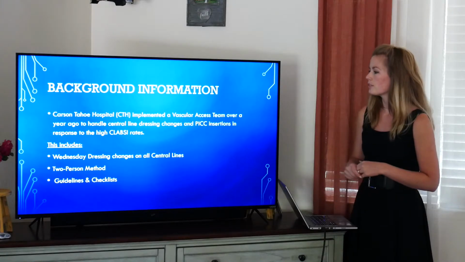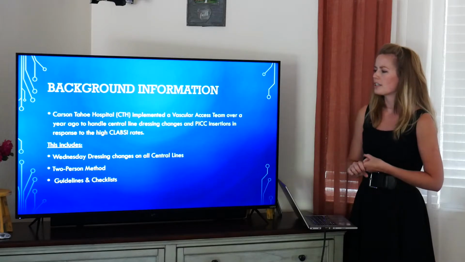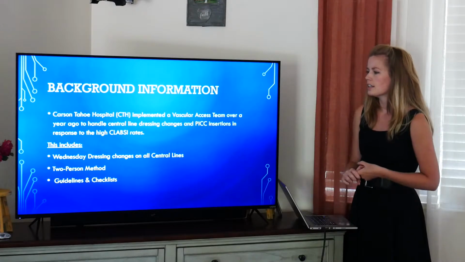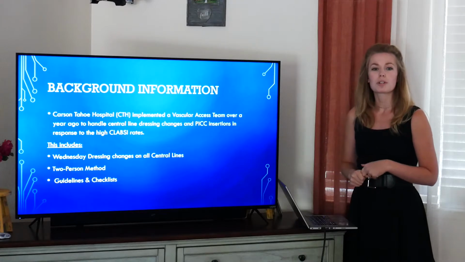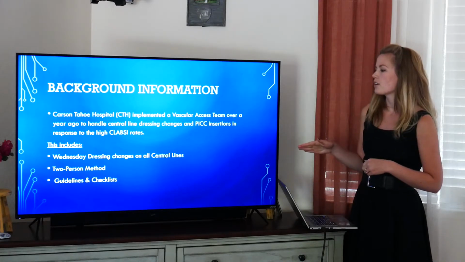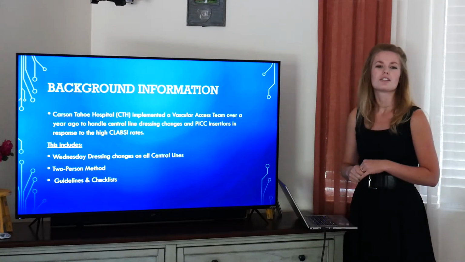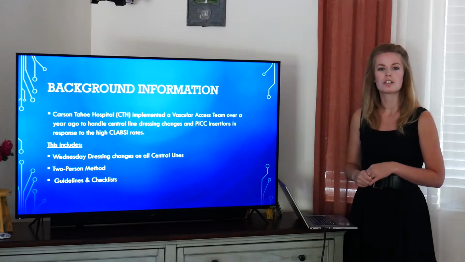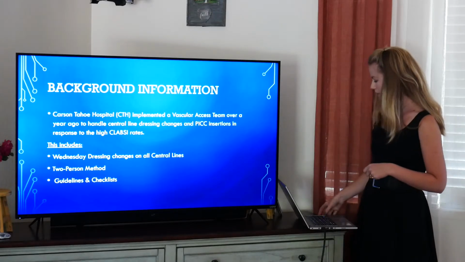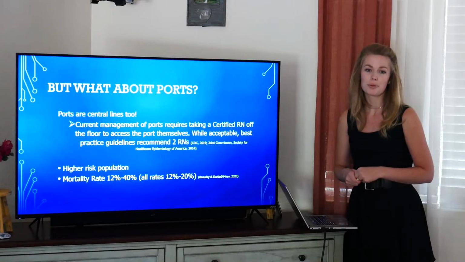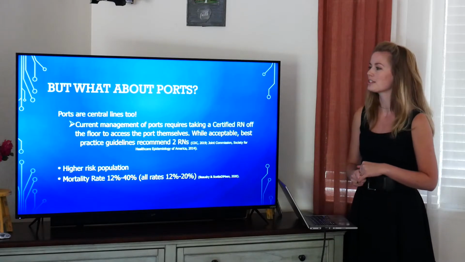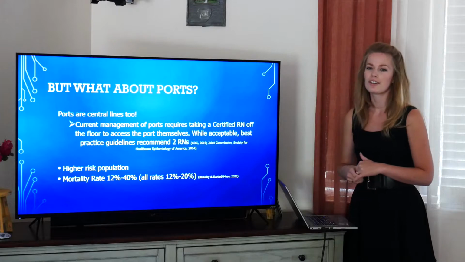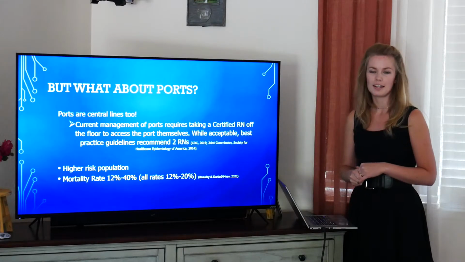So they started doing Wednesday dressing changes on all central lines. They implemented using a 2-person method. They also started following approved guidelines and using checklists during these insertions and dressing changes. But they didn't include ports. They did not include implanted ports in their dressing changes, in their accessing programs following those guidelines.